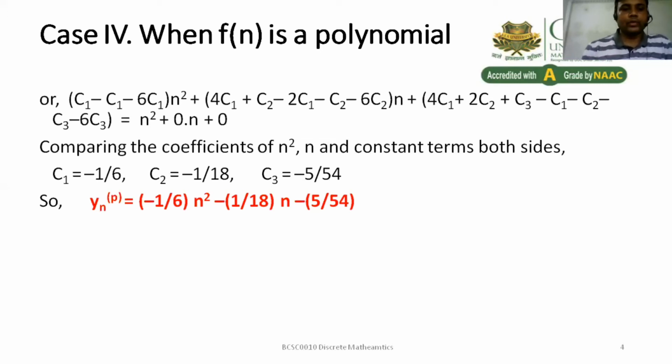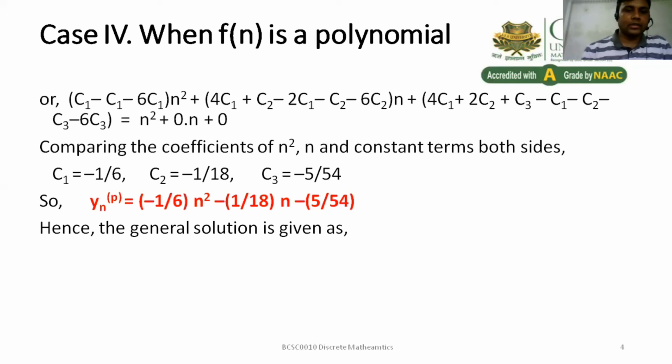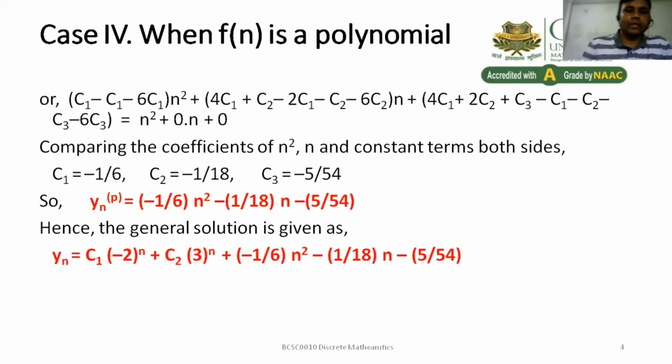So earlier we have computed the homogeneous solution, and now we have computed the particular solution, and by adding these two we can write the general solution. Therefore this general solution will be given as c1(-2)^n + c2 3^n + (-1/6 n^2 - 1/18 n - 5/54).